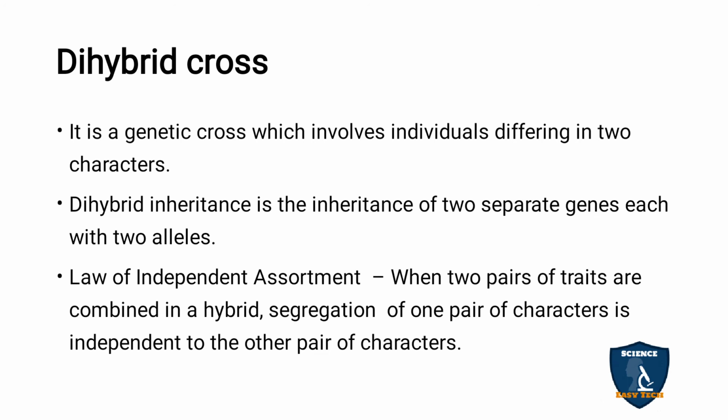Now we are going to see the dihybrid cross. In a monohybrid cross, we take a single character. Here we are going to take two different characters. This dihybrid cross explains the law of independent assortment. When two pairs of traits are combined in a hybrid, the segregation of one pair of characters is independent of the other pair.